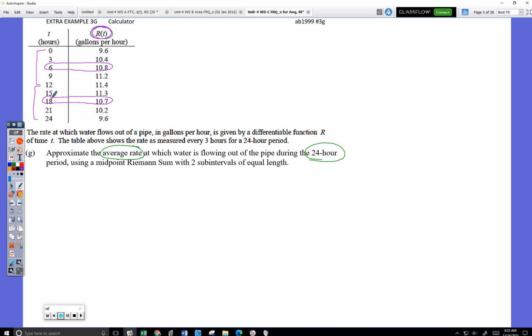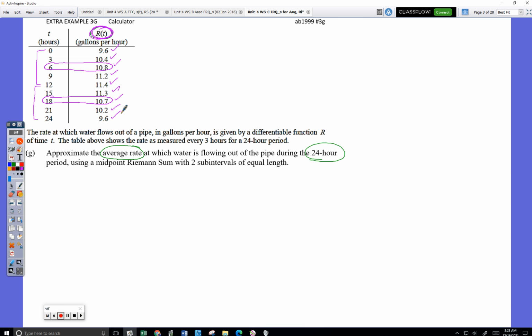We're trying to find the average rate. Here are all the rates. One way to do it would have been to add up each of these, and then divide by how many we added up. That would be one way to find the average rate for the 24-hour period. Give me 1 to 5 if that makes sense.